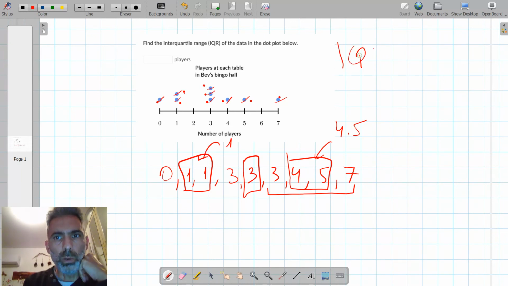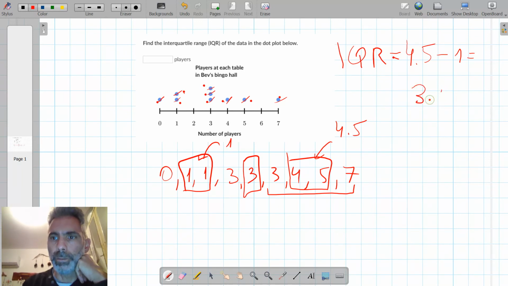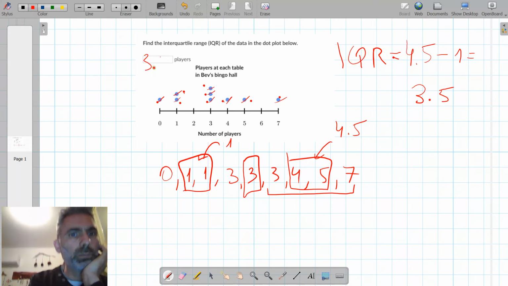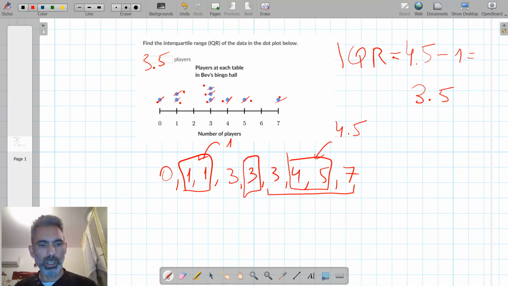So the IQR, the Inter-Quartile Range, is the median of the upper half, which is 4.5, minus the median of the lower half, which is 1. So 4.5 minus 1 is 3.5. The distance between 1 and 4 is 3 plus 0.5, so we have 3.5 as the IQR.